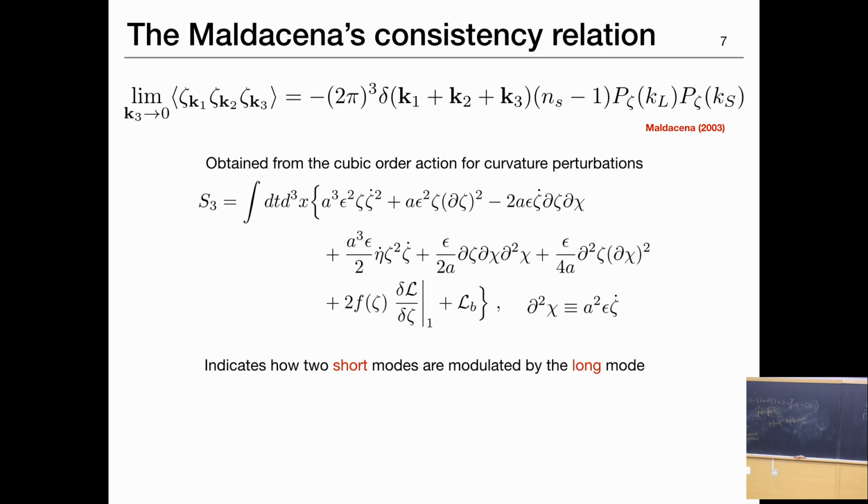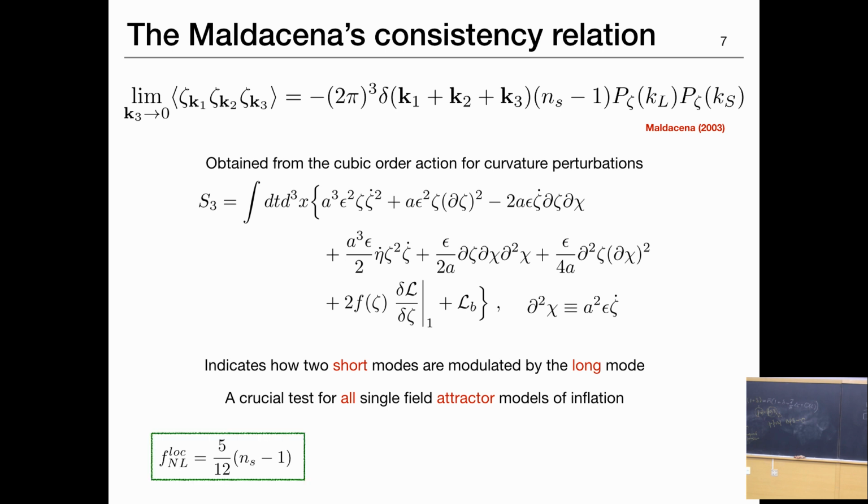This relation is really important for inflation because it's a crucial test for all single field attractor models of inflation, because we can quantify this relation in the parameter f_NL, which is related to the spectral index, and this number n_s is well constrained nowadays. And this is something like 0.02. This is the actual value given by Planck.